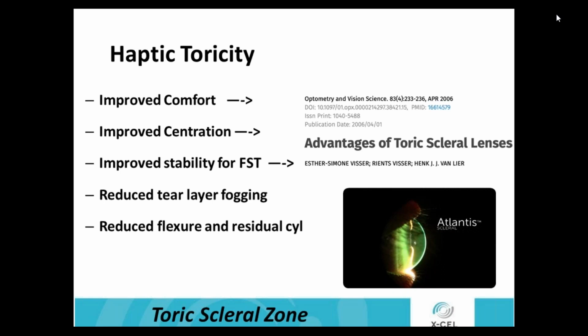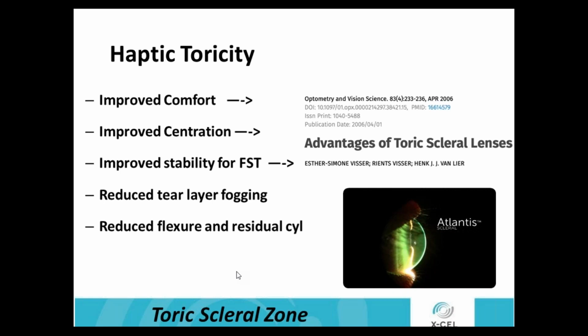So a lot of times we're seeing this residual astigmatism, and it's not really true residual astigmatism. It's because we are not looking at a centered lens. Some of these lenses ride inferior nasal, and if we can put a toric haptic or toric scleral zone and improve that centration, and we can improve comfort, and we can take away flexure, and we can take away some of that fogging or haziness, well, why not do that?